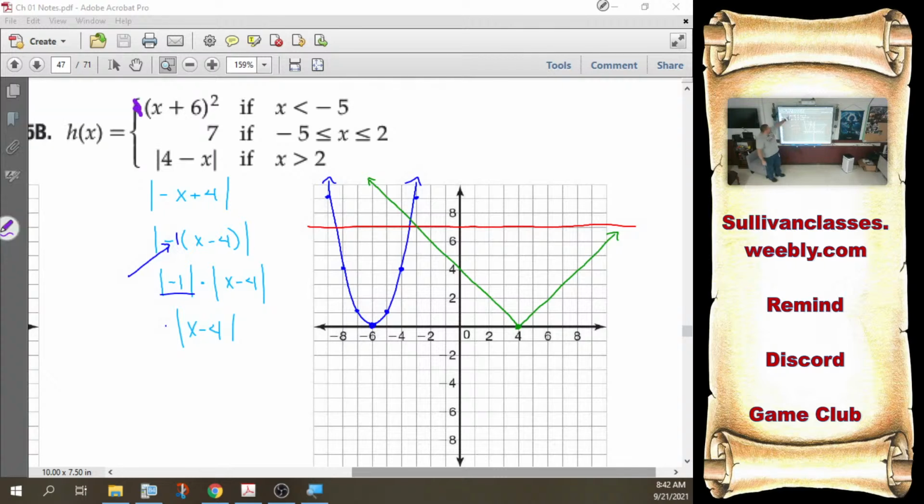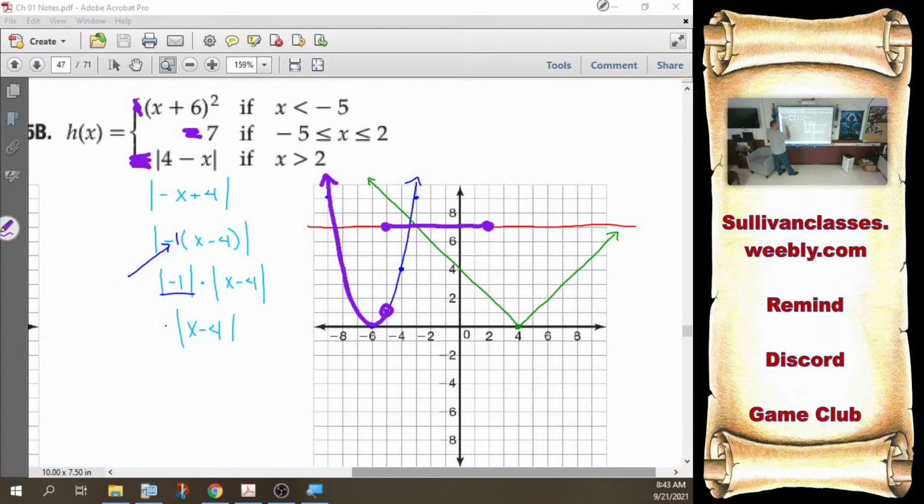I only care about this one when x is less than -5. So I come to -5, open circle, follow the yellow brick road. I'll get rid of the rest. I only care about this one between -5 and 2. So come up to -5, closed circle all the way over to 2. I'll actually go to 2 this time, closed circle.